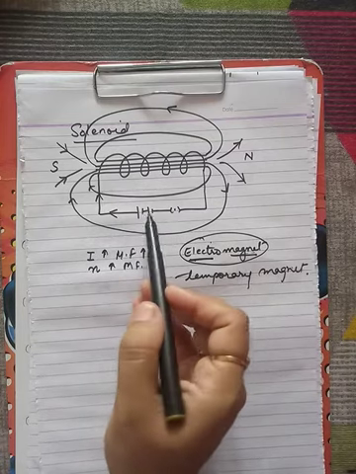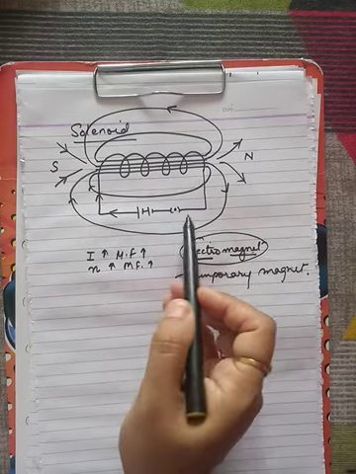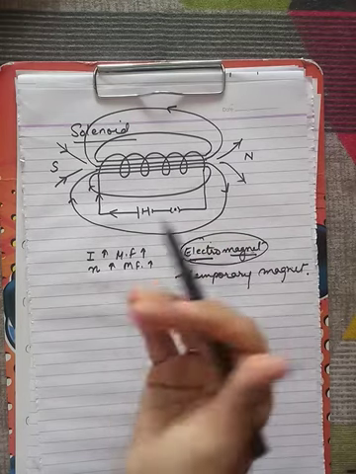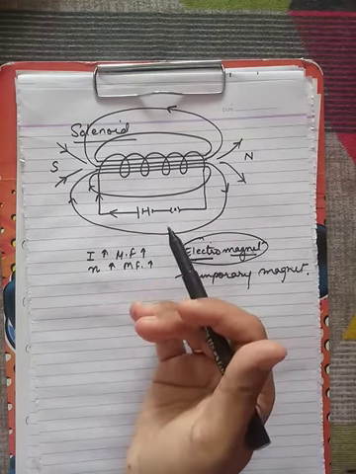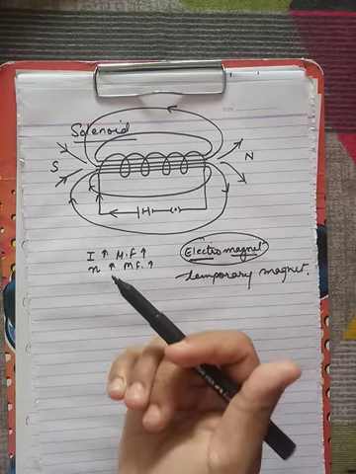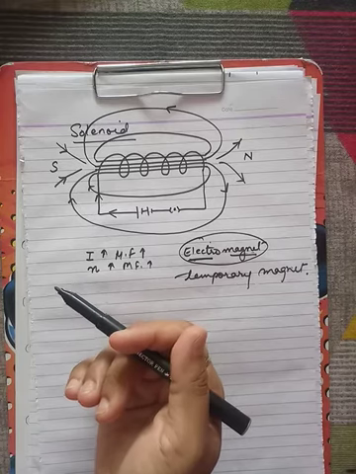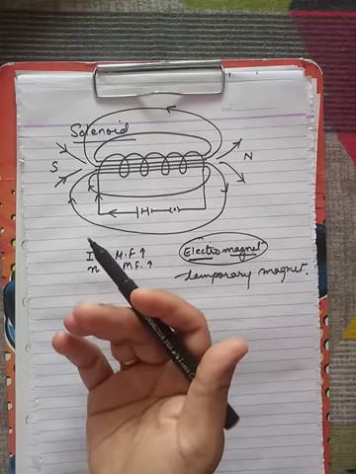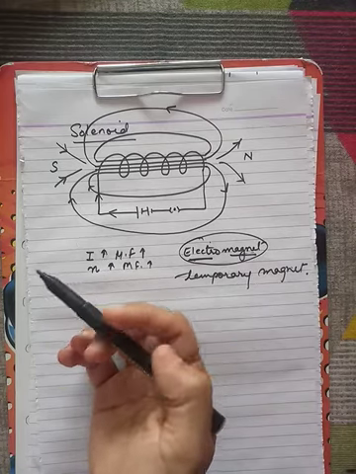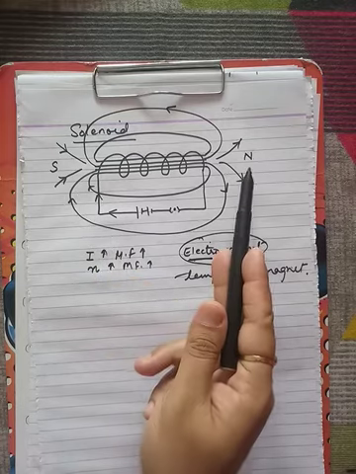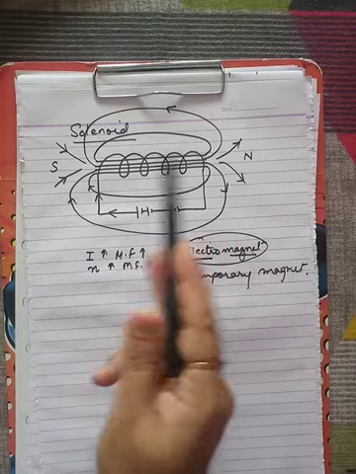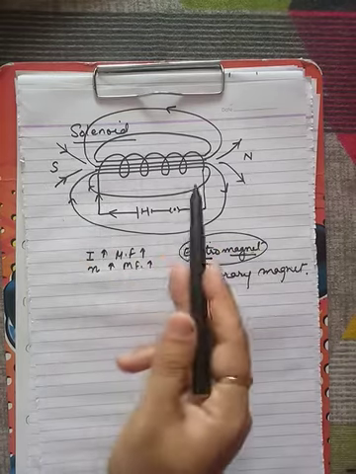How to demagnetize it? Making it off through any switch, then it will be demagnetized. Okay, and one important benefit is that we can simply invert its polarities also. What are polarities? Polarities means south pole and north pole. North and south poles can be interchanged very easily.